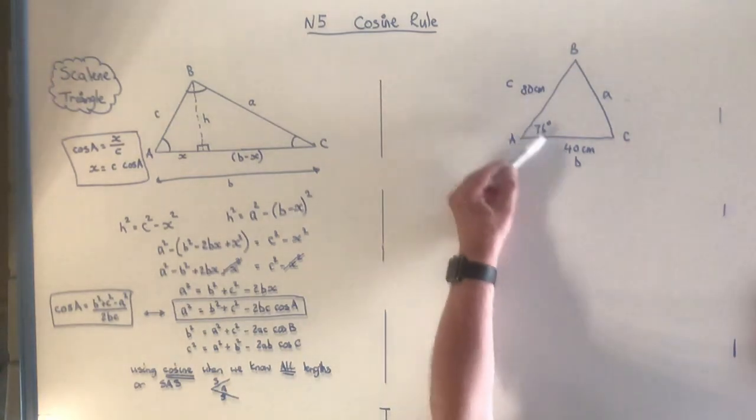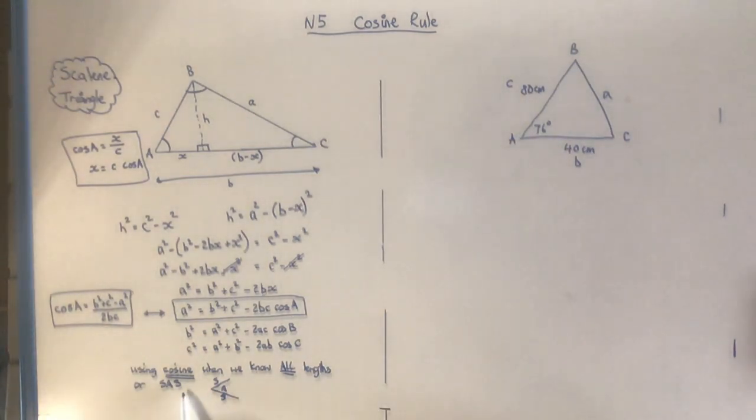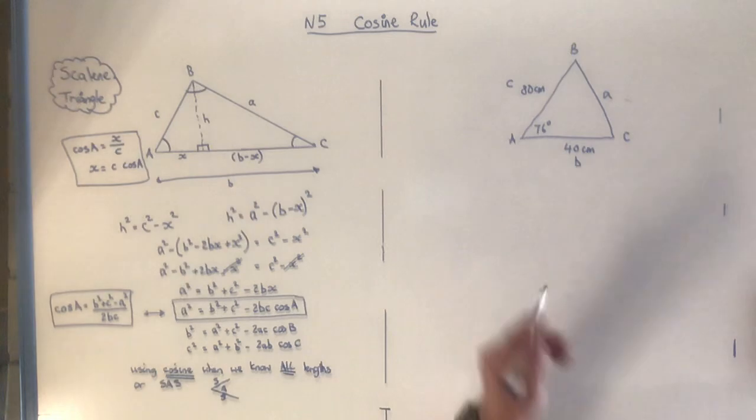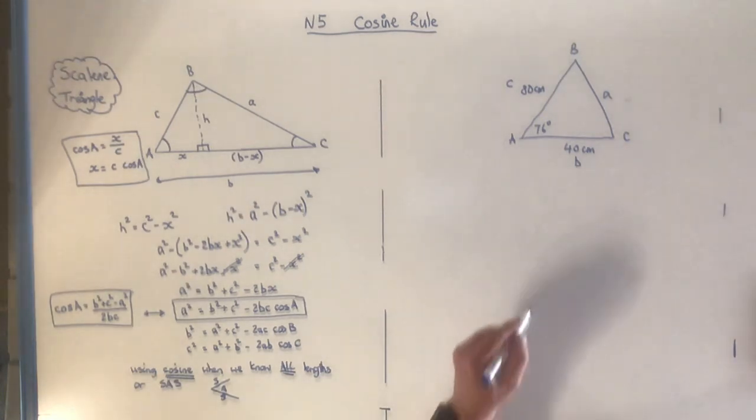This is SAS. SAS, the wee note I gave you on the left hand side here, SAS tells you it's the cosine rule. Really, really important that you get familiar with that, and it makes these questions so much easier.